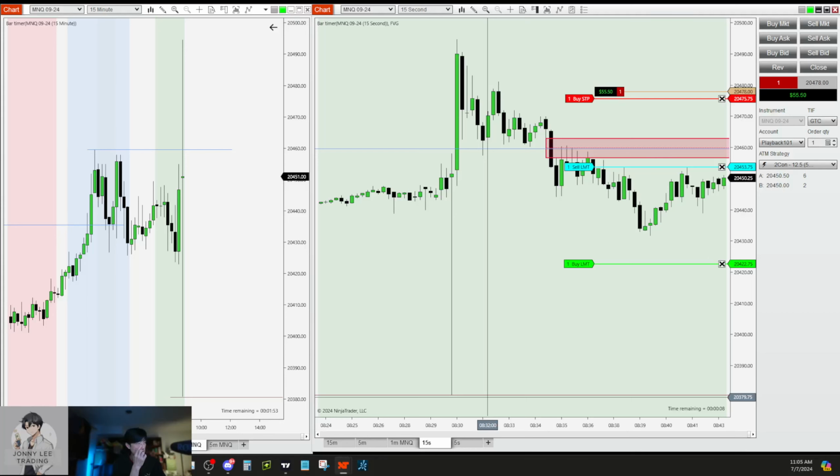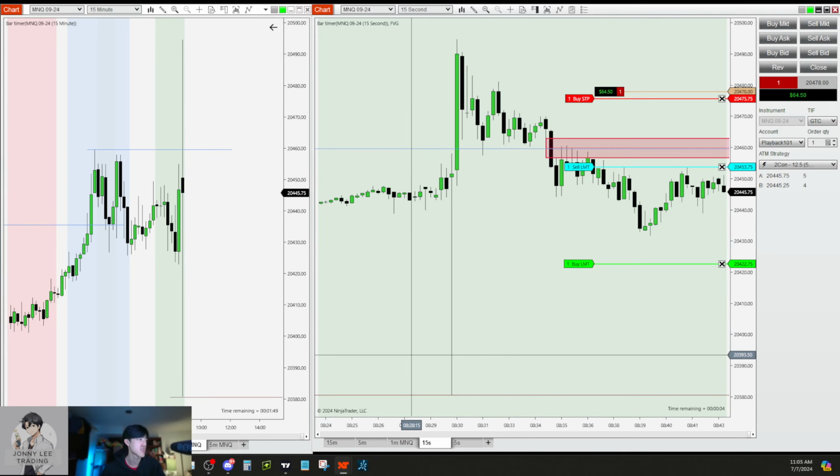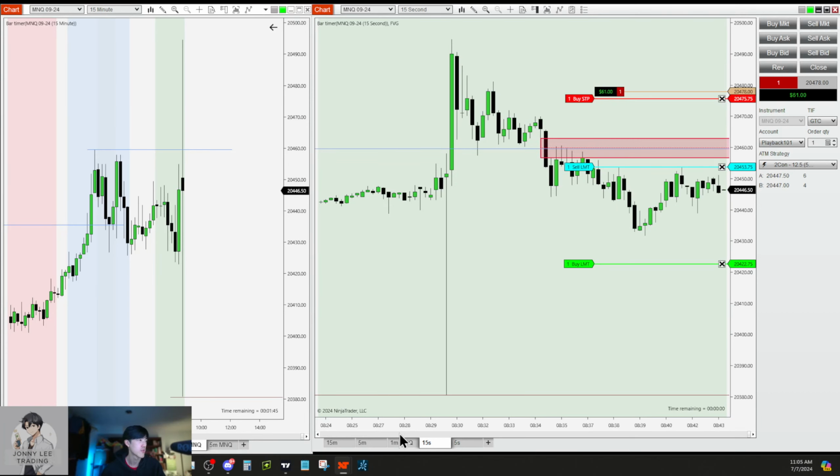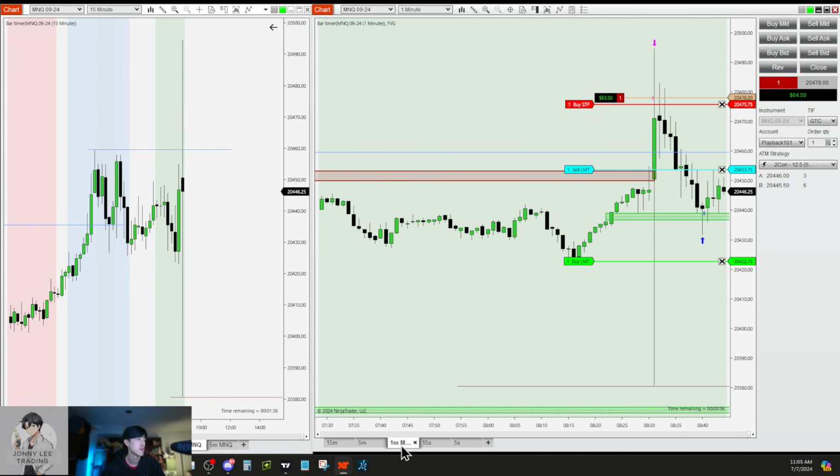I would prefer keeping it up at that sell side imbalance, but we've tagged that sell side imbalance quite a few times on the 15-second. And so I don't know if we're going to get that high anymore.